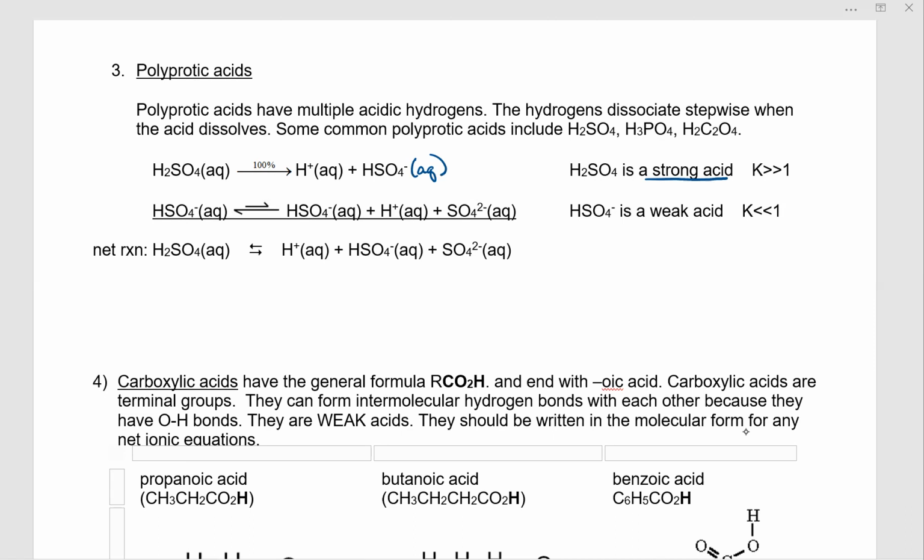But notice here that I have shown it on both sides because most of it stays in its protonated form. So I've written that we have both of these present. And so we have a net reaction where H2SO4 is in equilibrium with hydrogen ions, the hydrogen sulfate ions, and SO4 2- ions. What I want you to take home here is that the dissociation is stepwise.